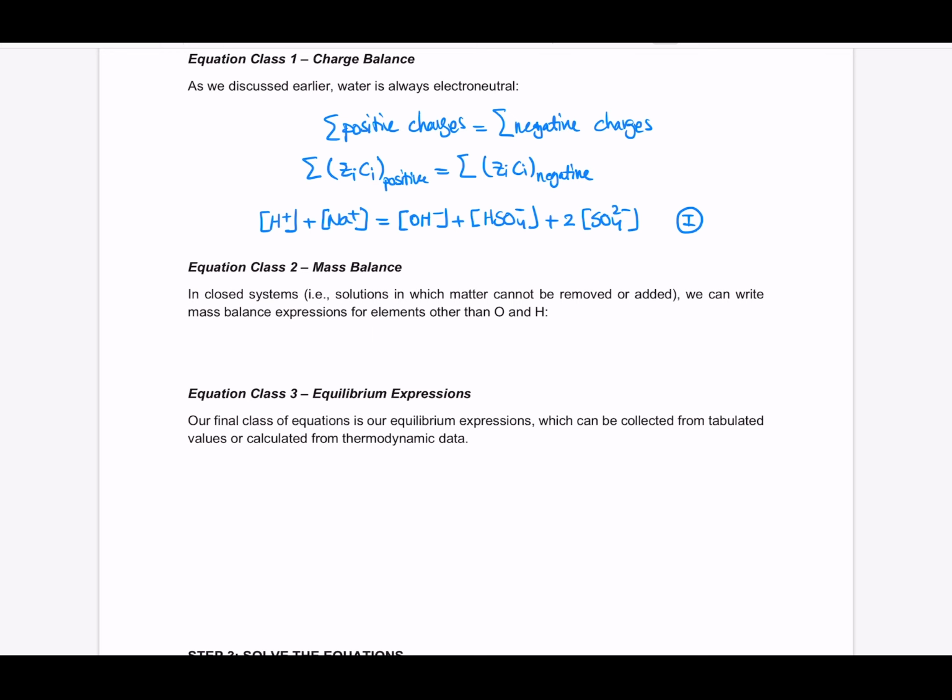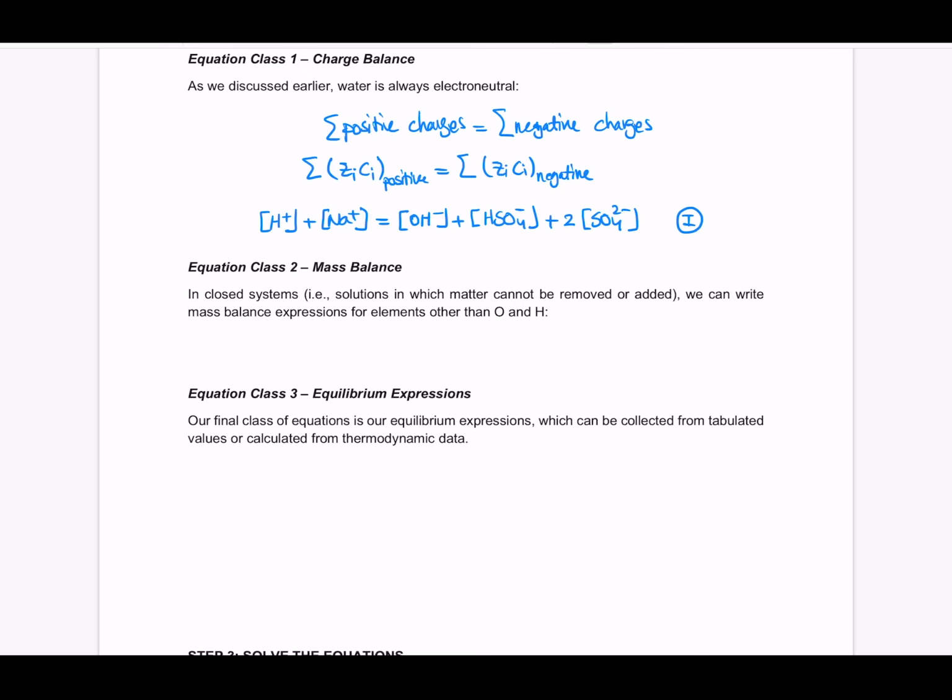In a closed system, we can use the mass balance expression for all the elements except oxygen and hydrogen. For hydrogen, it would be tricky because we're calculating pH, and that hydrogen can come from different sources, including water and hydrolysis. So it's easier to do it for the rest.